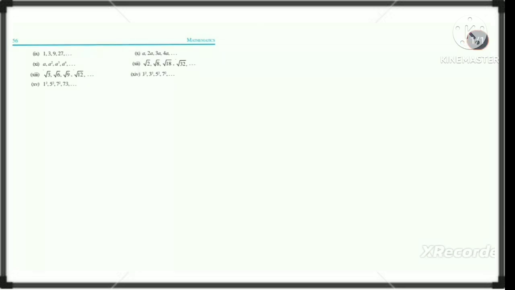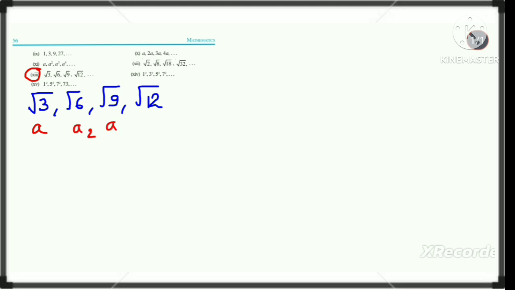Now question number 13, and here the sequence of number is root over 3, root over 6, root over 9 and root over 12, and here this is A, this is A2, and this is A3, and this is A4. Okay, now let's find the difference between each terms.